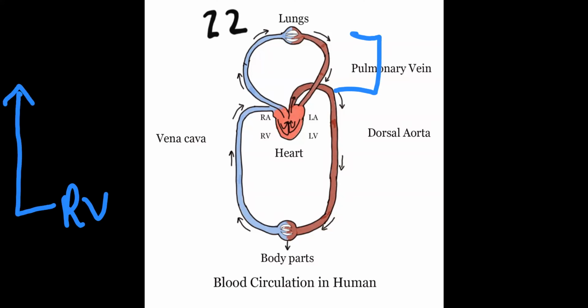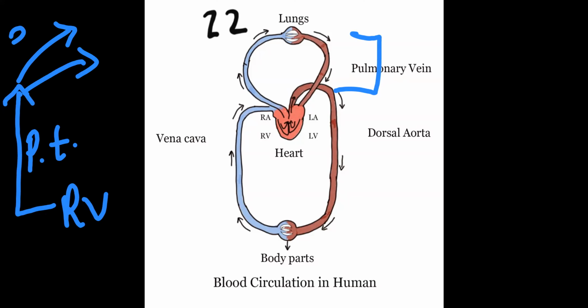From right ventricle, what arises? Pulmonary trunk. This pulmonary trunk gives rise to what? Which arteries? Pulmonary arteries.